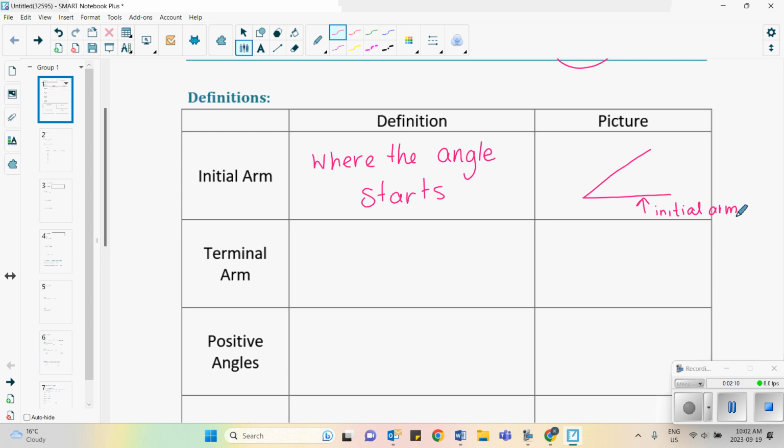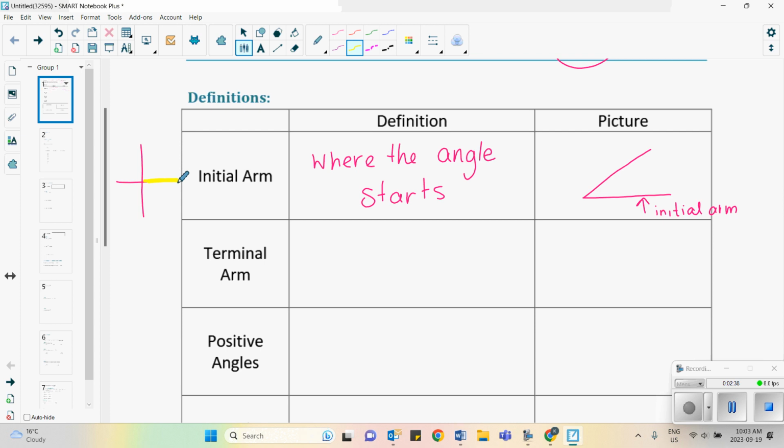You're going to do a lot of stuff with measuring angles on the coordinate plane. And so the initial arm starts where x is positive. Most angles start from here. So when we're doing it in a coordinate plane, we're measuring an angle measurement around the coordinate plane. We're going to start from the positive x-axis.